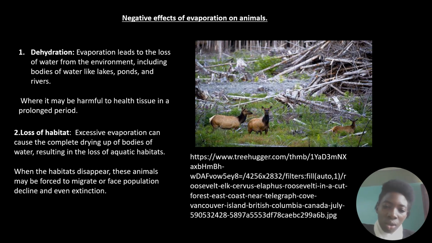For example, as you are seeing, this picture shows animals that lived in the forest. As an effect of this evaporation, you are seeing that these trees have dried out, and the animals living there face a negative effect of the increase of evaporation as the habitat has been destroyed and dried out.